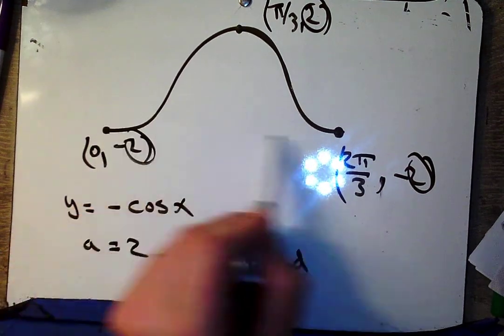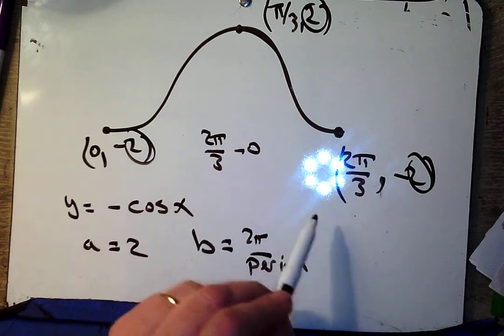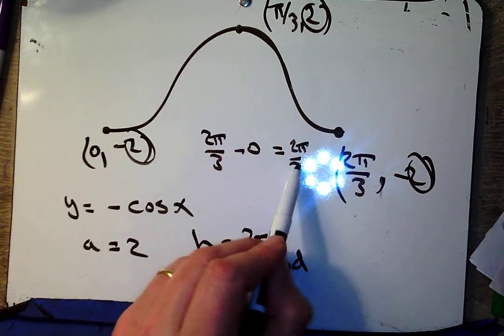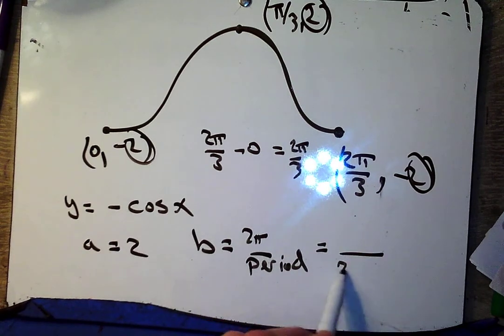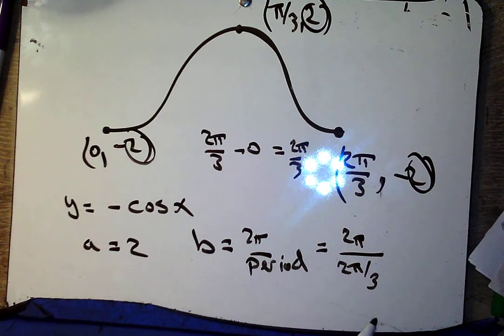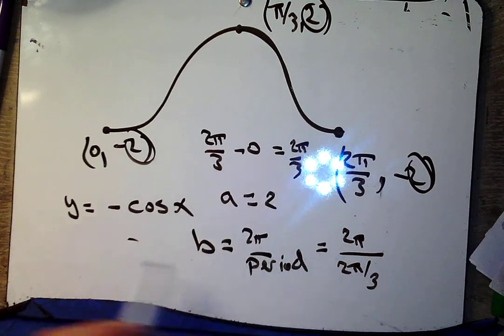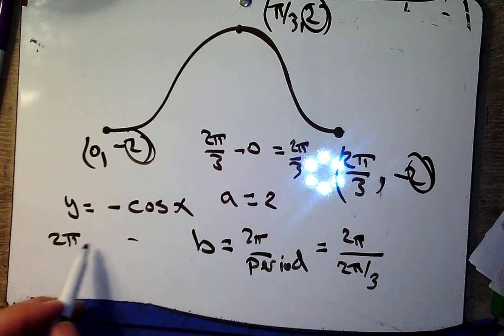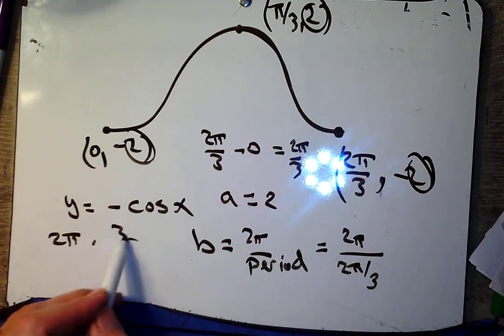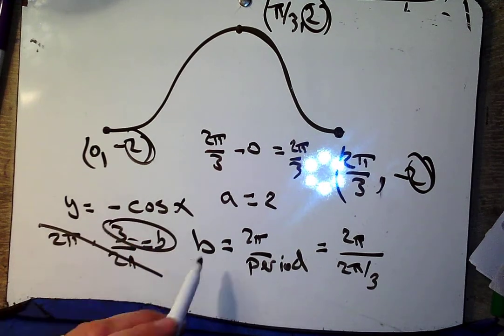What's the distance from here to here? 2 pi over 3 minus 0. So our period is 2 pi over 3. Okay, so if I do my flip and multiply thing, that's going to be 2 pi times 3 over 2 pi. Oh, our b value is 3.